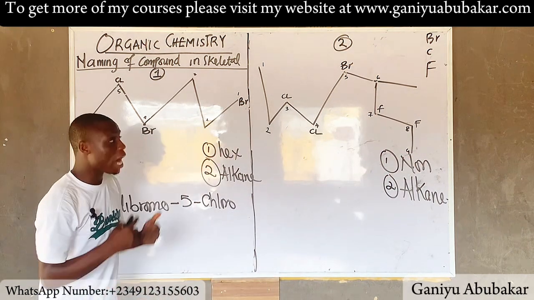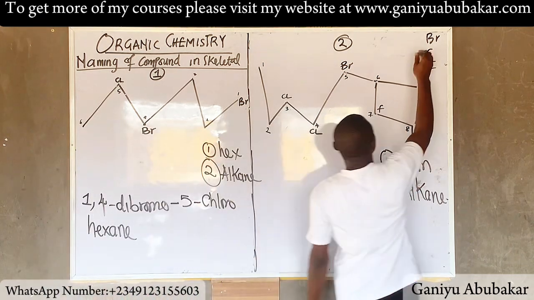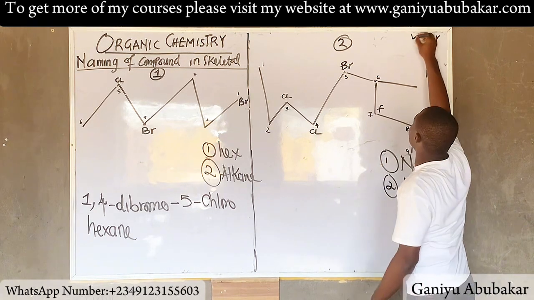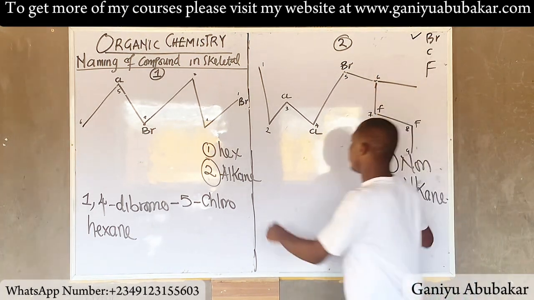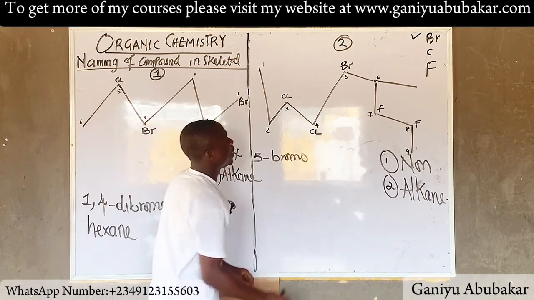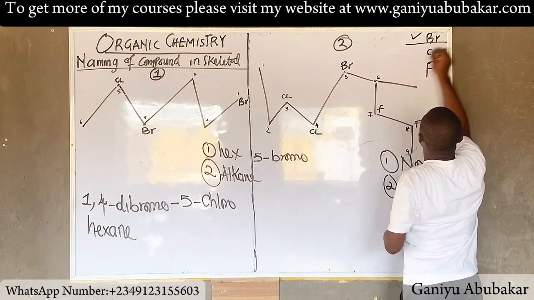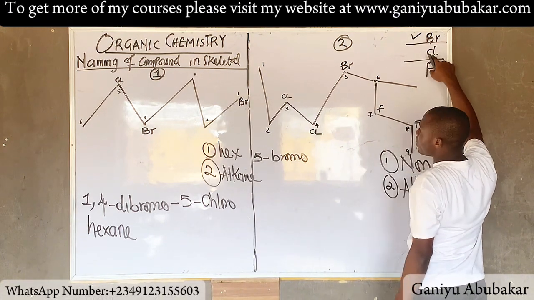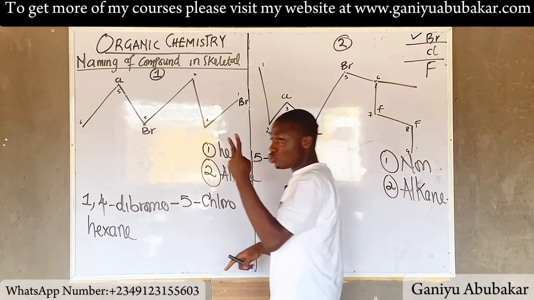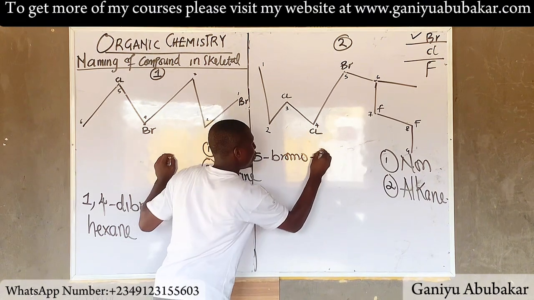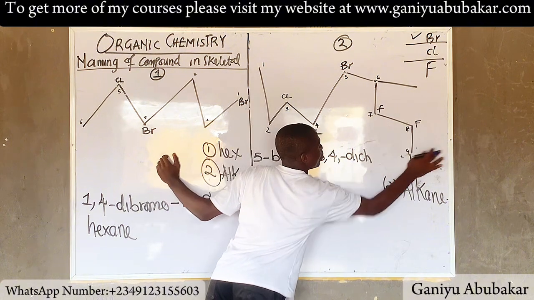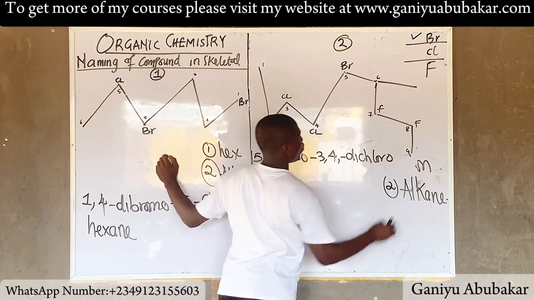Let's name this compound. How do you name it, please? Start with bromine. You should name them in alphabetical order: B comes before C before F. So let's start with bromine. This becomes 5-bromo. What next? I've named bromine, so let's move to chlorine. That becomes 3,4-dichloro. Di is 2, there are two.